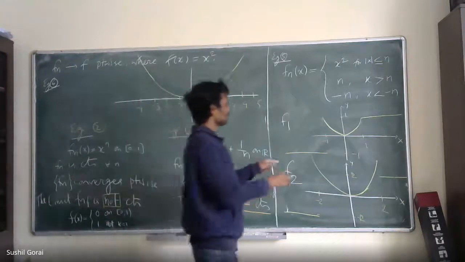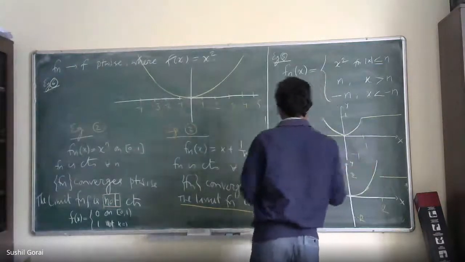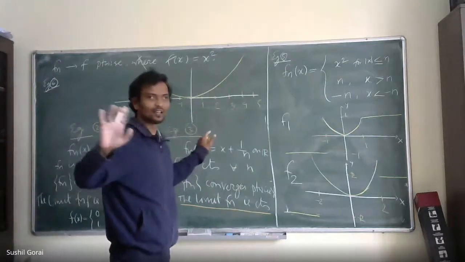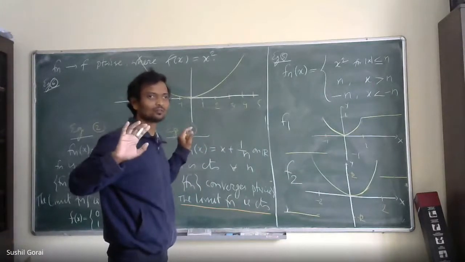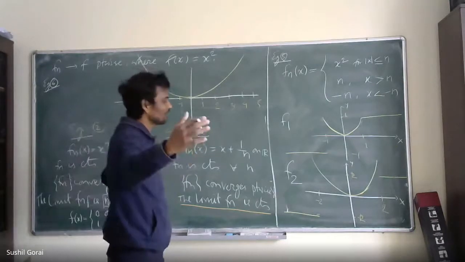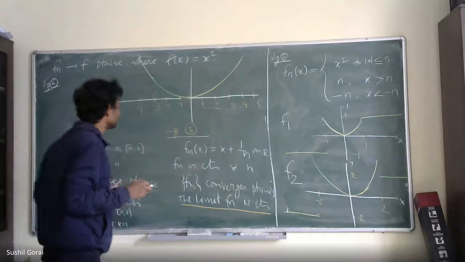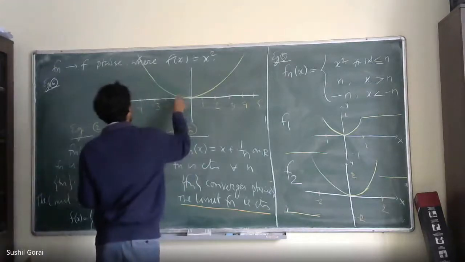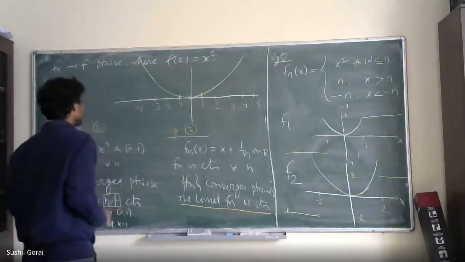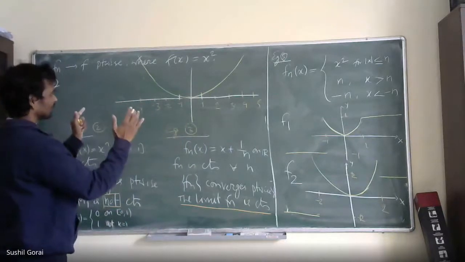So you forget about this part at this point, because this part is moving. As n tends to infinity, these are going towards infinity. They are moving outside, minus n and n. All right. So what we are doing is cutting the parabola at minus 1 to 1 first.